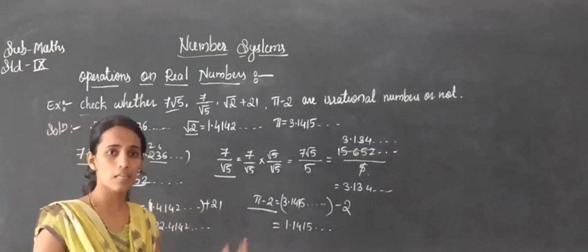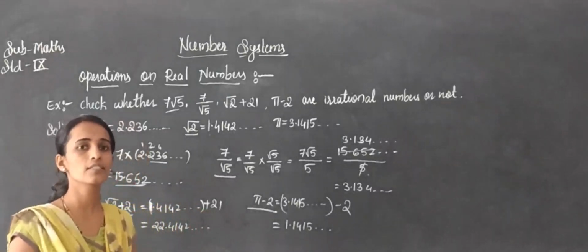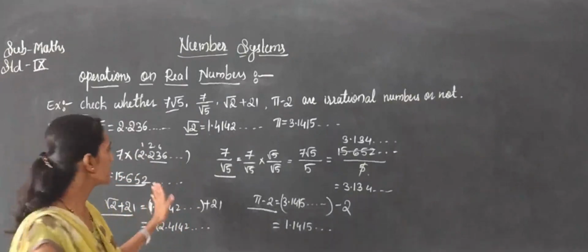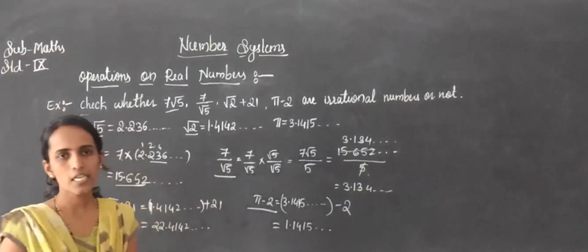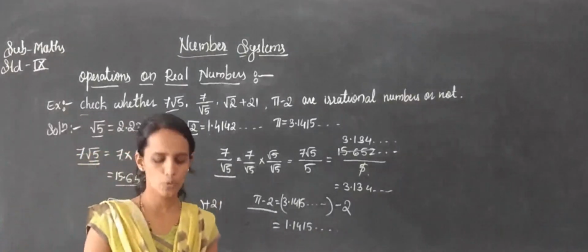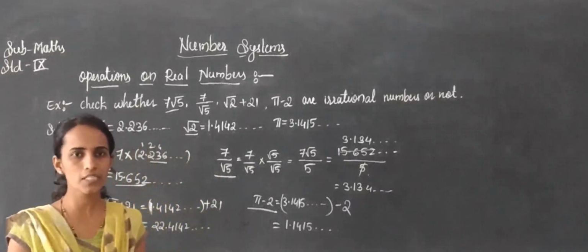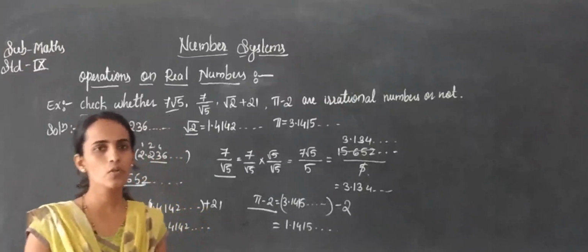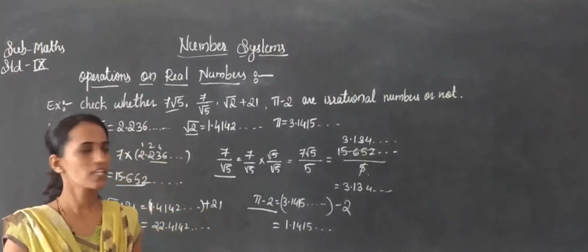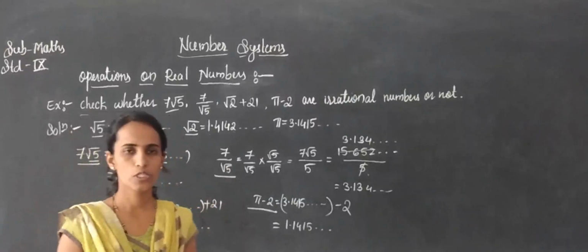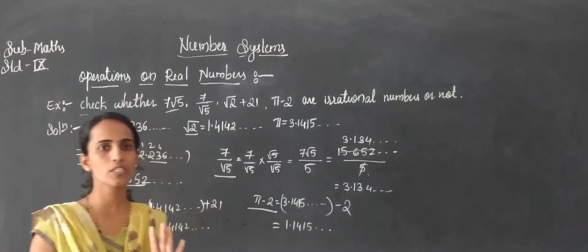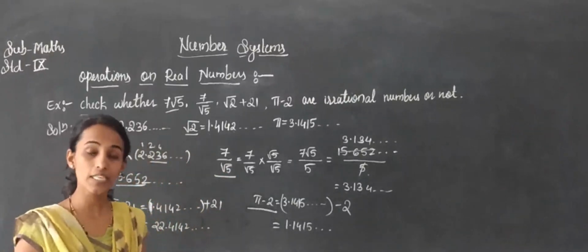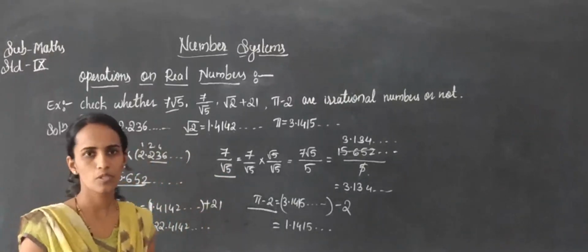If you get non-terminating decimals, we consider that number an irrational number. So addition, multiplication, subtraction, and division with an irrational number all give an irrational number only. Got it, my students?